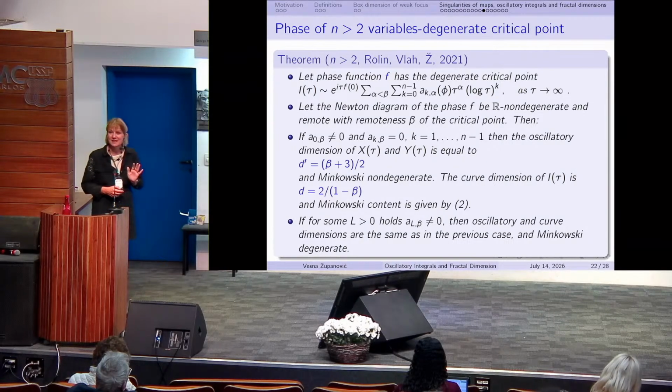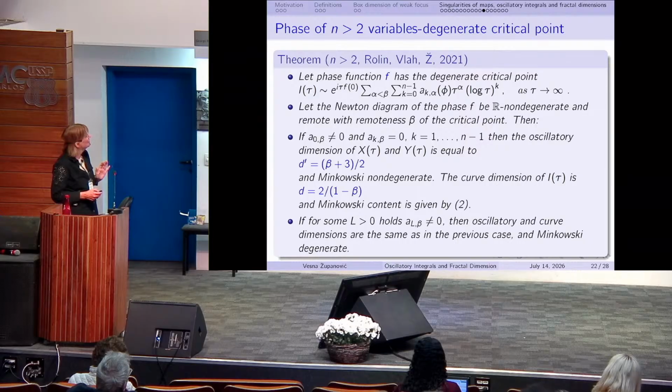degenerate critical point for a dimension bigger than 2. So it is the asymptotic expansion of the integral, and here we need Newton degeneracy.